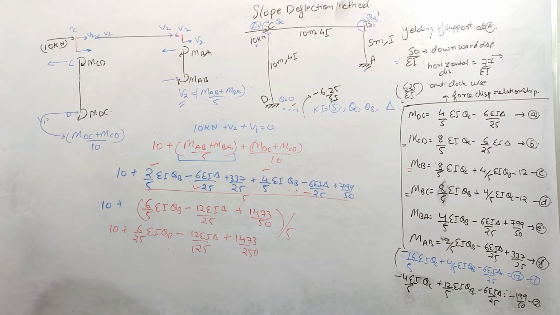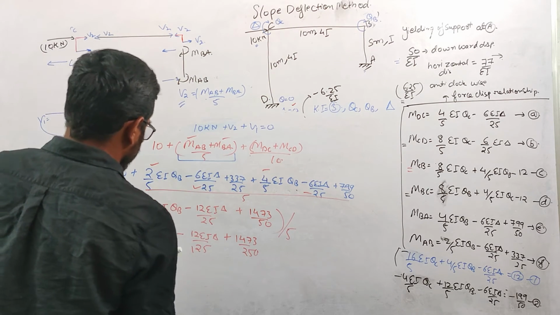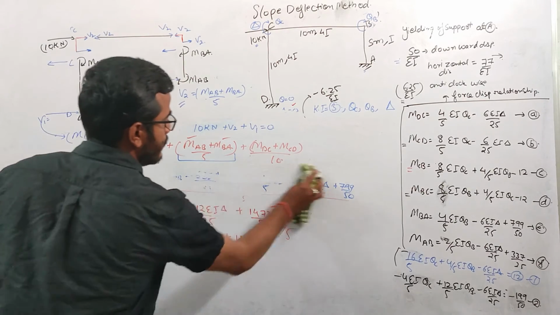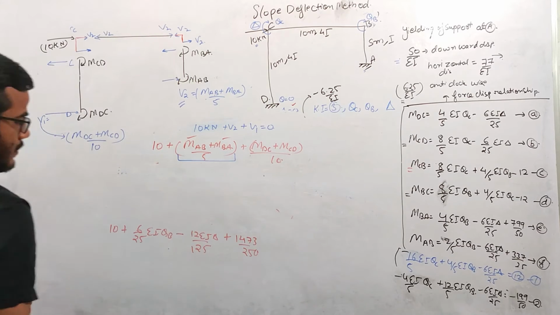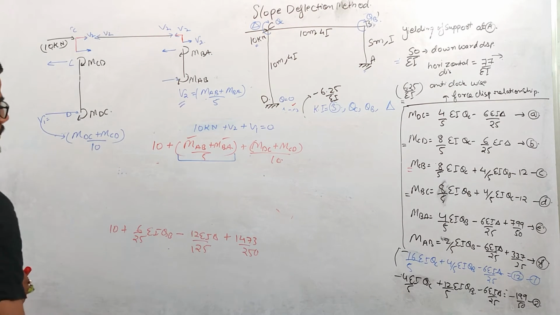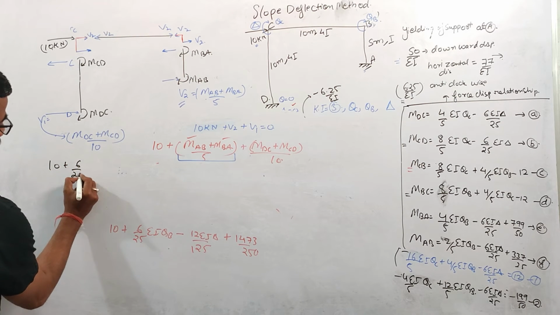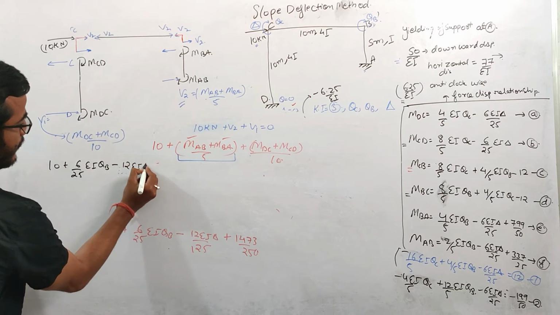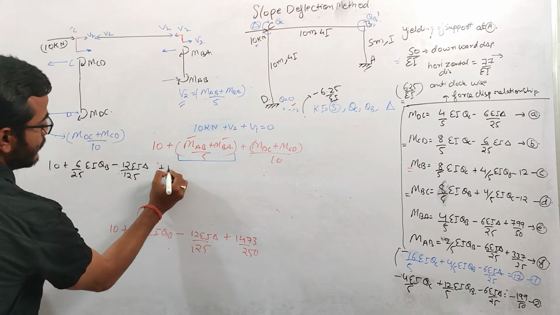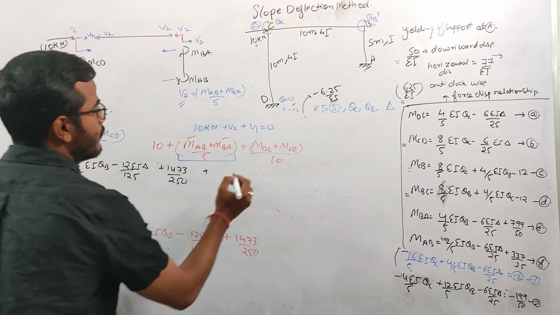So this is the value we have calculated for this expression. Let us write the value of this expression over here. This is nothing but 10 plus 6 by 25 EI theta B minus 12 EI delta over 125 plus 1473 over 250. Now we need to solve this term.